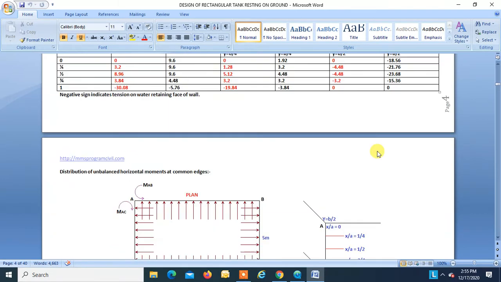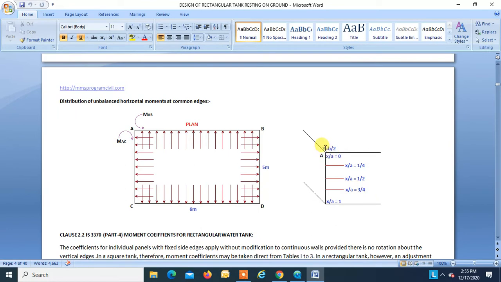So this is 18.56, this is 25.6. These two moments are not equal and opposite. There is a difference of roundabout 7 kilonewton meter, which is known as unbalanced moment, which we have to distribute by moment distribution. That is why we will have to modify our moments.